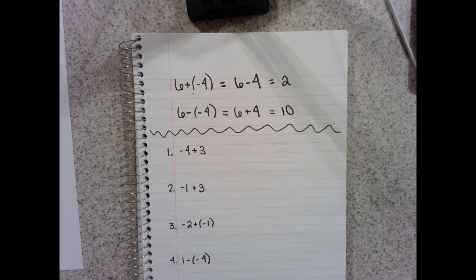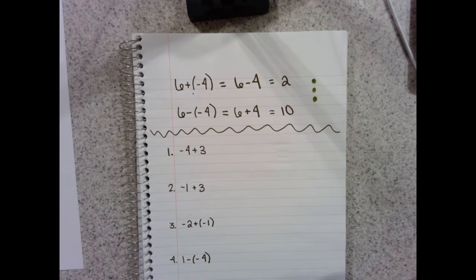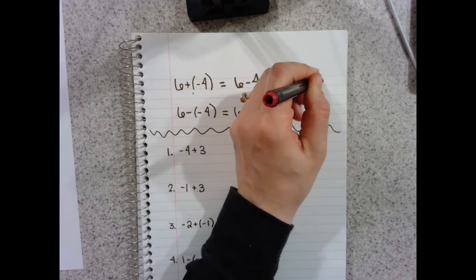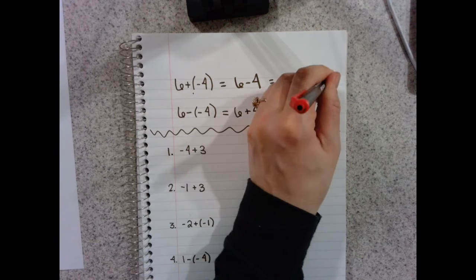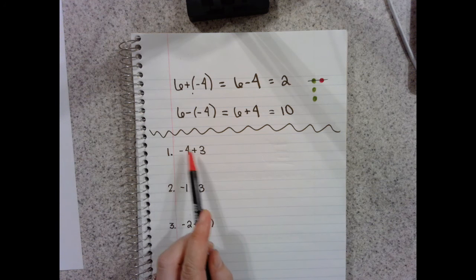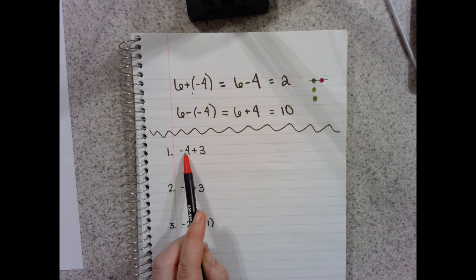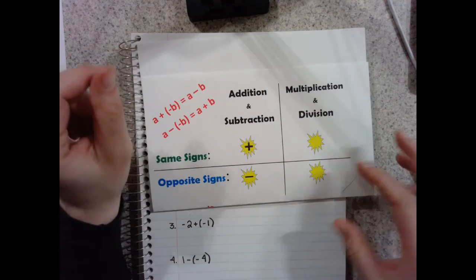Going back to the colored dots, maybe positive dots are green and negative dots are red. A positive and a negative cancel each other out. So whenever you have a problem that involves a positive number and a negative number, remember, they're going to cancel each other out. Here's some rules that I always follow.